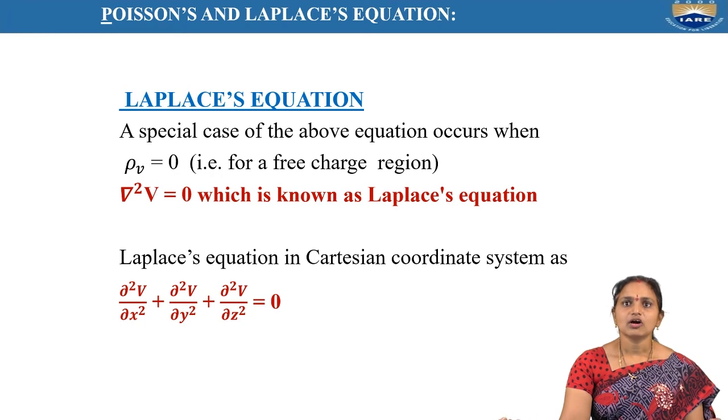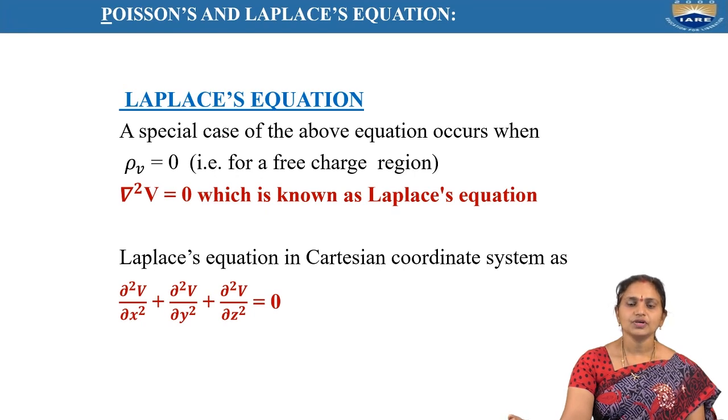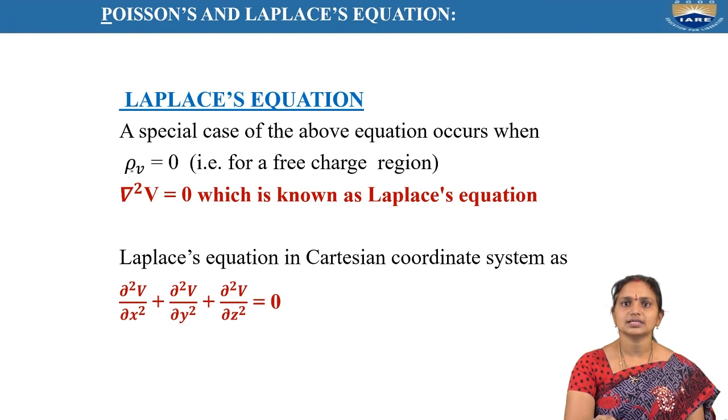The special case is when the region is charge-free, so the volume charge density rho v equals 0. As rho v is 0, del square V equals 0, because the right-hand side is 0. So the Laplace equation is del square V equals 0.